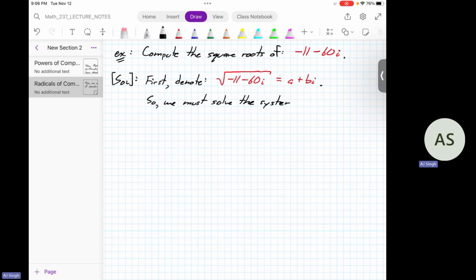And so we have to solve the system. A squared minus b squared should be negative 11. And 2ab, don't forget the 2, should be negative 60. We don't need the i, like that. I can divide by 2. A squared minus b squared is negative 11. And a times b should be negative 30.